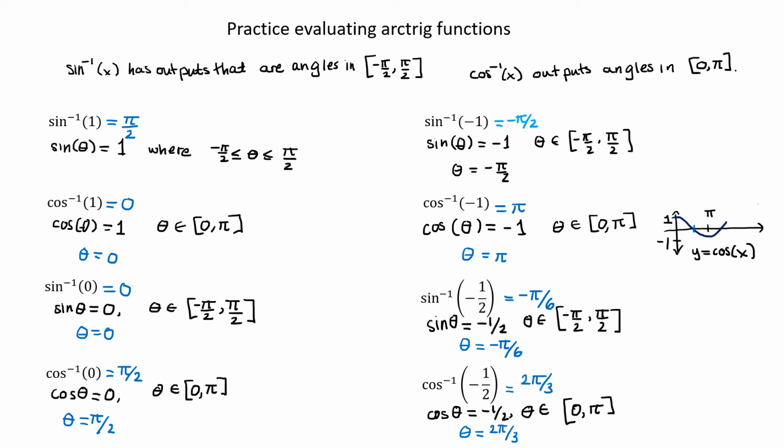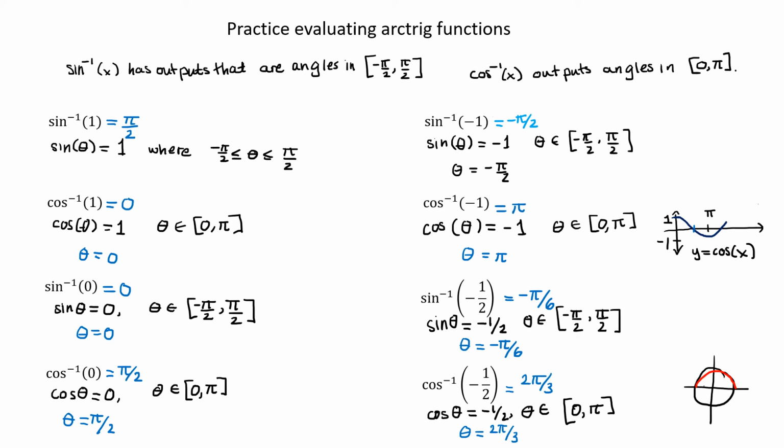If you're not sure where this comes from, we can either use the graph, or if you like the unit circle, where cosine represents x values. We look and see where in this region between 0 and pi do we have cosine or our x value equal to -1/2.